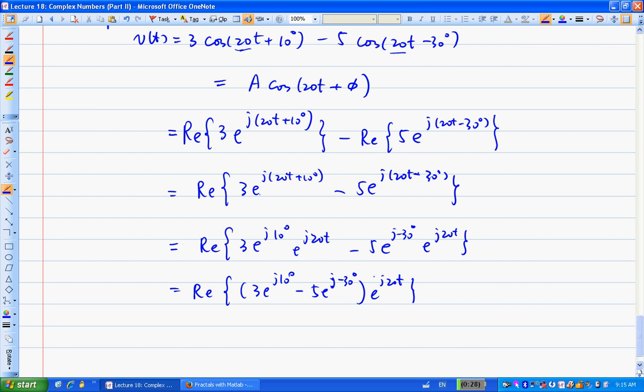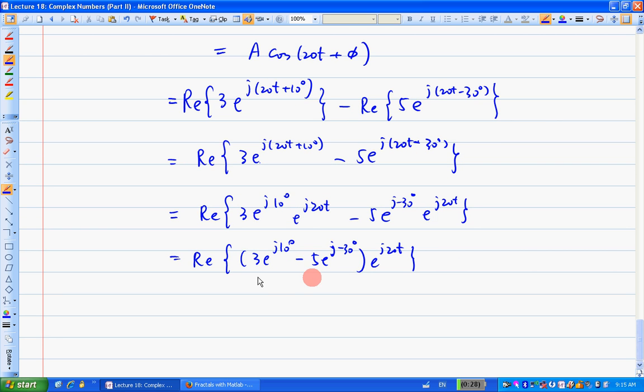Now, if I look at this term here, I have e^(j10 degrees) and e^(-j30 degrees). Each of these is e to the power of a certain constant. Technically, I can calculate these terms.